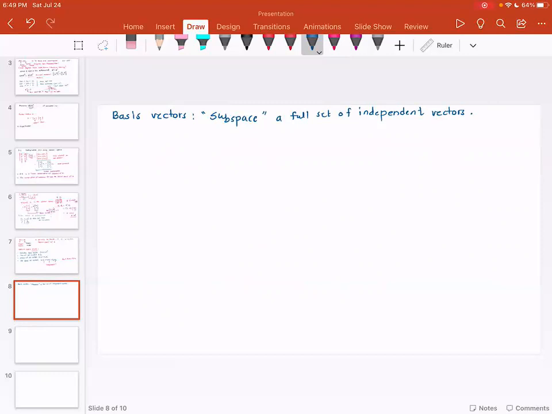How do we find out a basis vector? So finding a basis vector is quite straightforward.